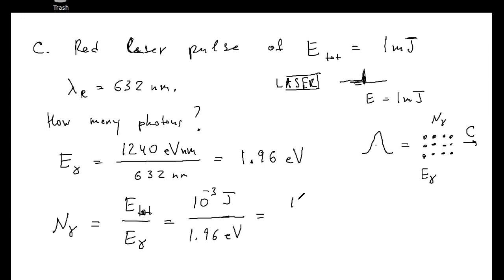It's up to you. I would change electron volts into joules. 1 electron volt is how many joules? 1.6 times 10 to the minus 19, yeah?